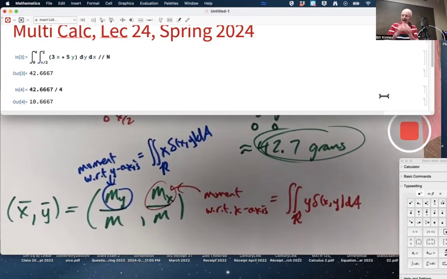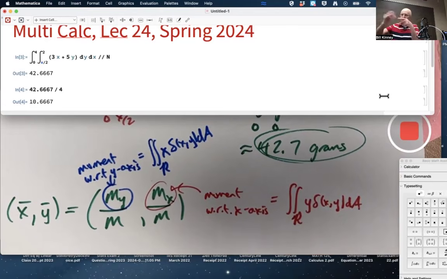It's with respect to the x-axis horizontal, but it's based on a distance perpendicular to that in the y direction. That's why you integrate with this extra y factor in there. But it's measuring the tendency to rotate around the horizontal x-axis based on, again, weighted averages of masses times distances effectively in the y direction.